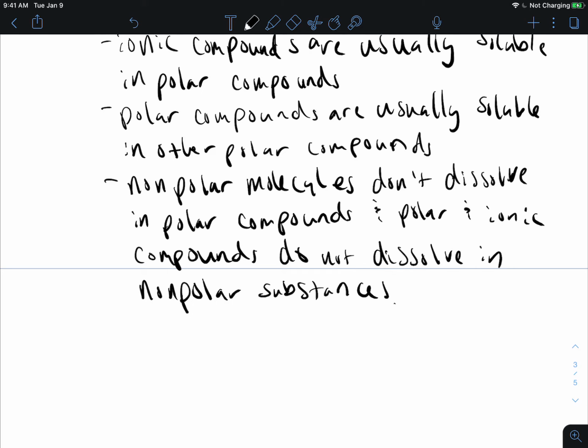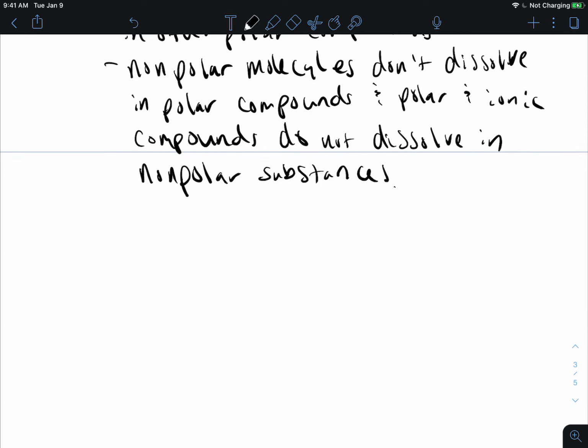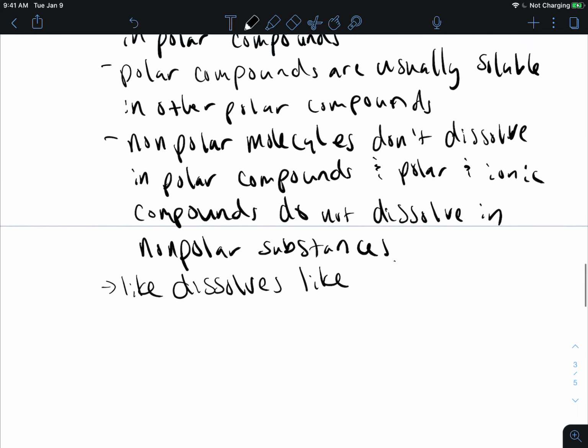Overall, they are dissimilar species because nonpolar compounds don't contain partial charges, so they're not going to interact with things that do have partial charges. So we always think about a like-dissolves-like mentality. Things with charges dissolve other things with charges, things without charges dissolve other things without charges.